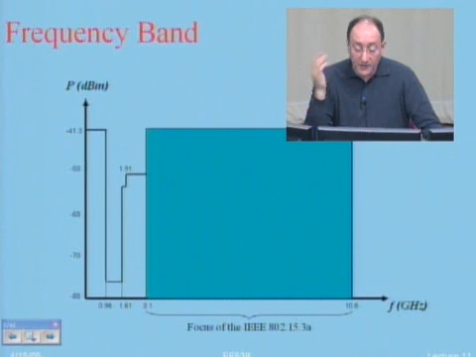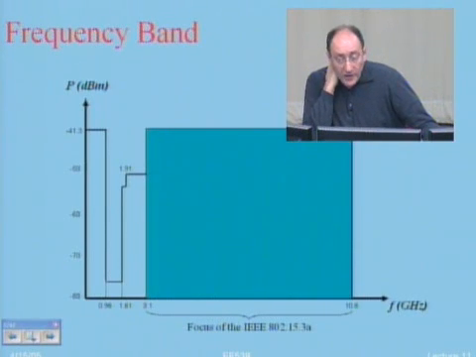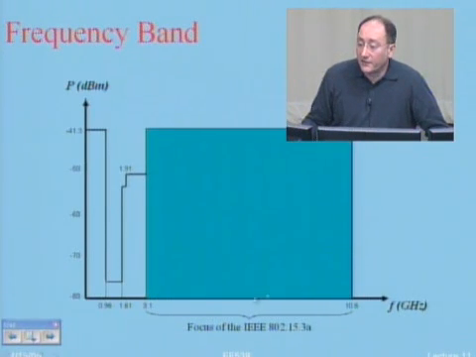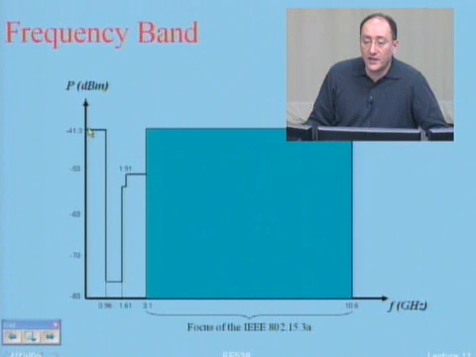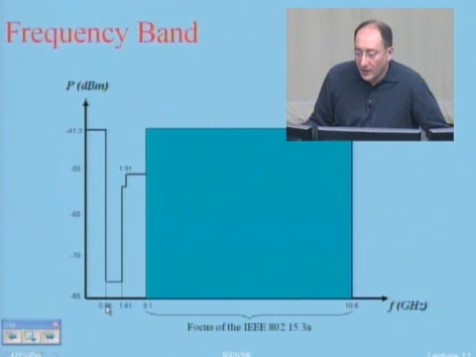So with that, I also want to talk about the frequency band. The actual frequency bands which are released by the FCC are these bands. It comes up to 0.96 gigahertz with a higher allowable power spectral density.